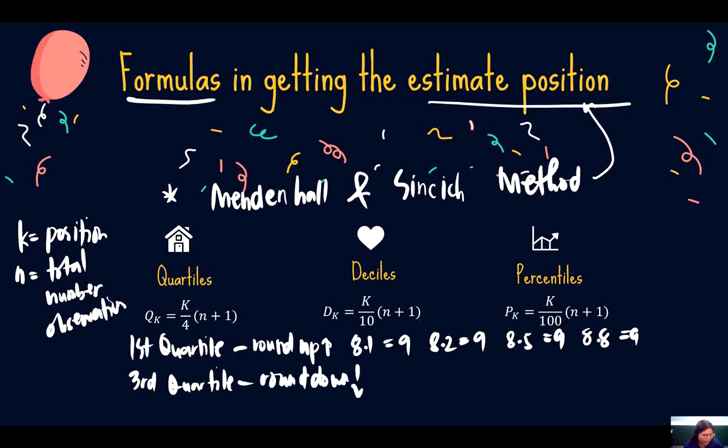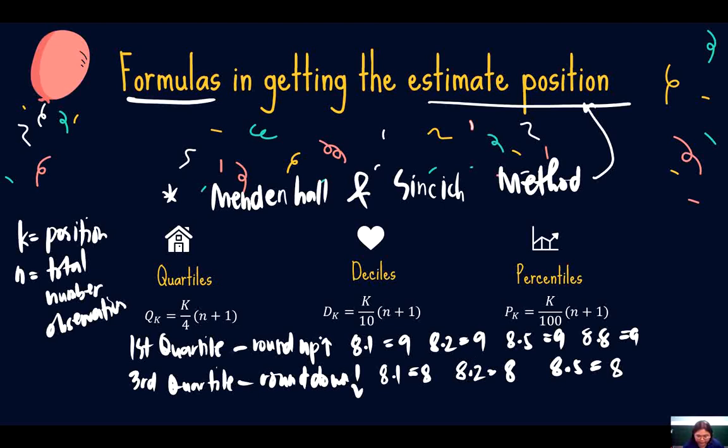Okay, round down. Ibig sabihin, si 8.1 kay third quartile ay 8. Si 8.2 kay third quartile ay 8. Si 8.5 kay third quartile ay 8 pa din. Did you get it?